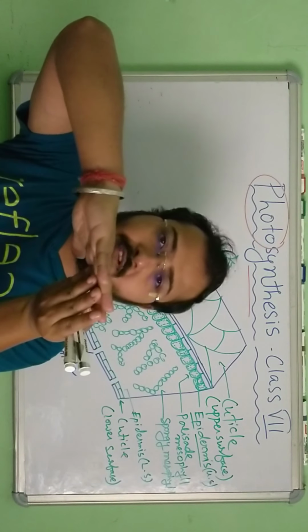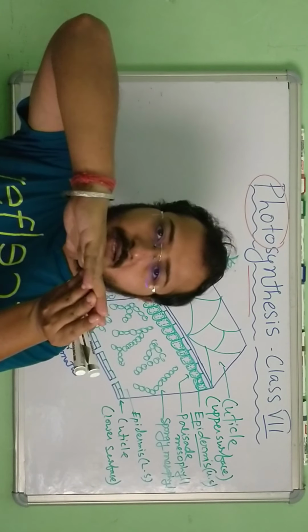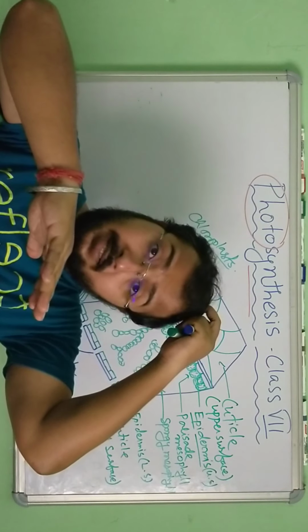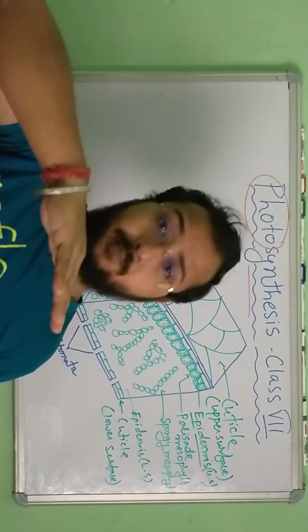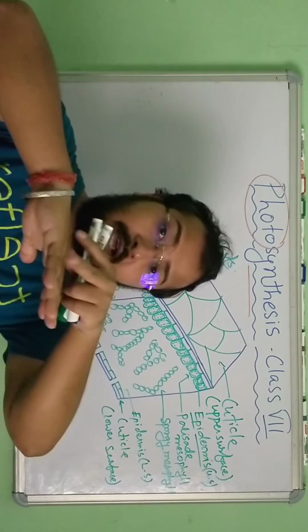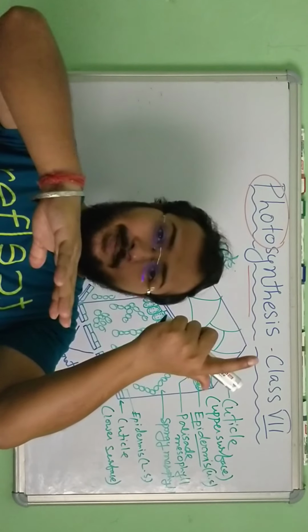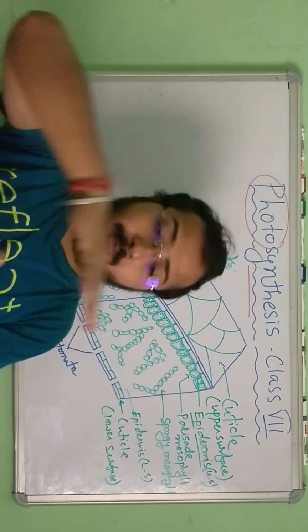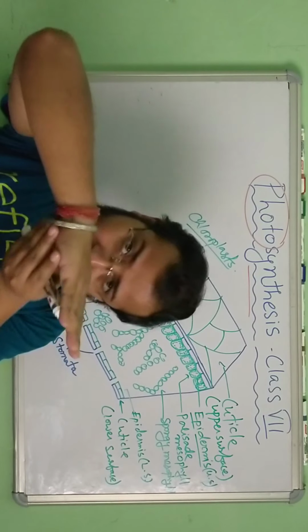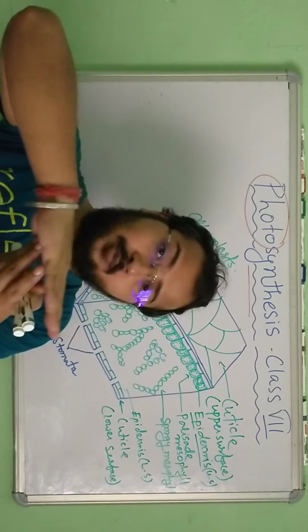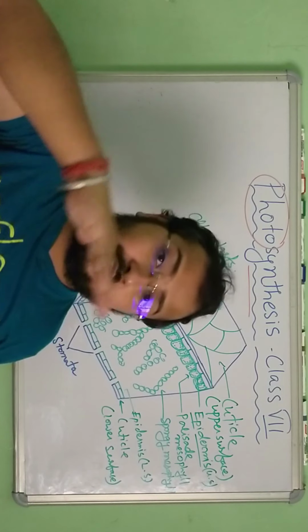At the lower surface there are more stomata, and at the upper surface fewer. It helps keep transpiration under control. The stomata at the upper surface are exposed directly to the sunlight, so there are chances of more transpiration. But if more stomata are at the lower surface, they are not in direct exposure to the sunlight, so the transpiration will be controlled.